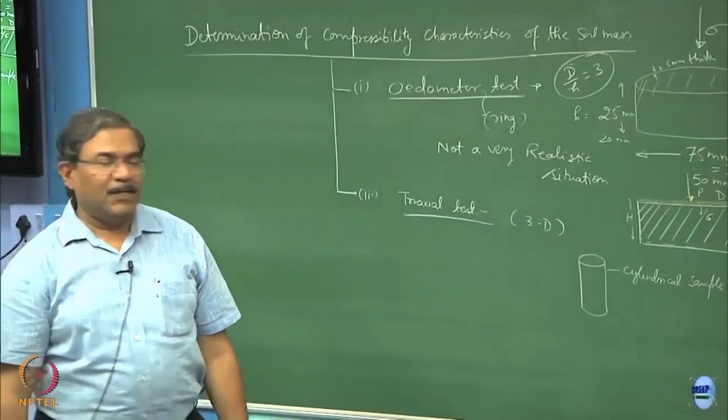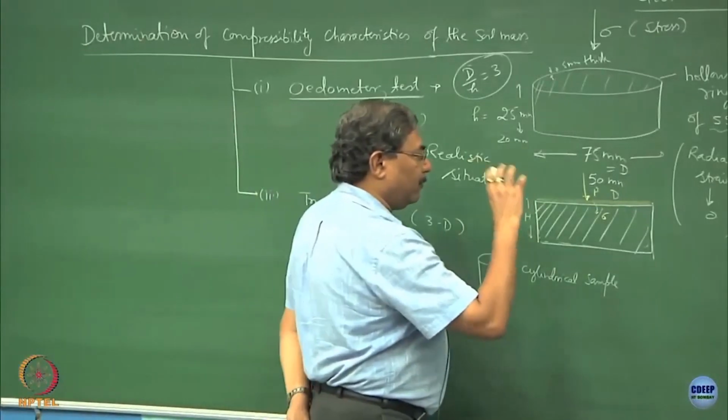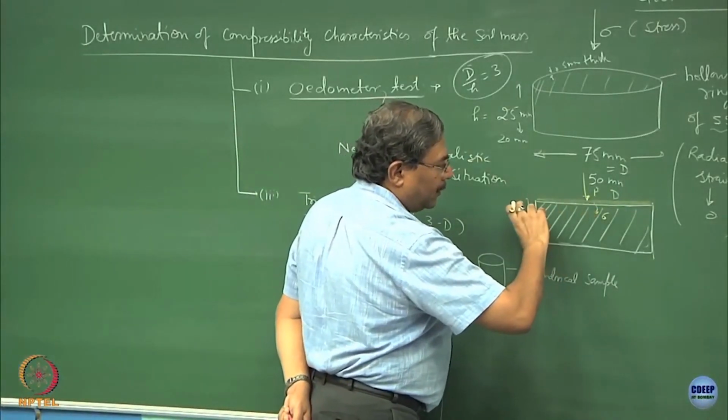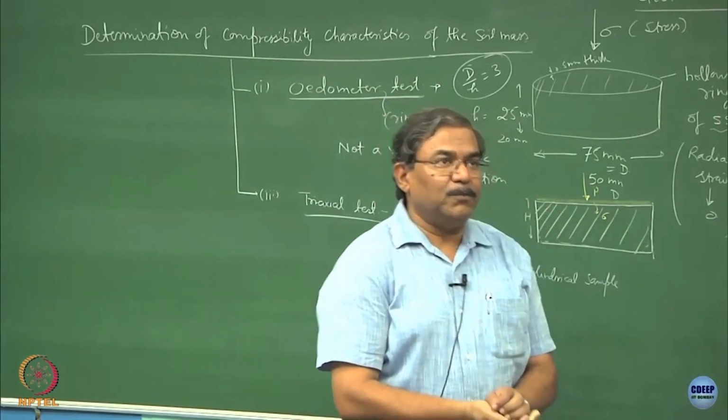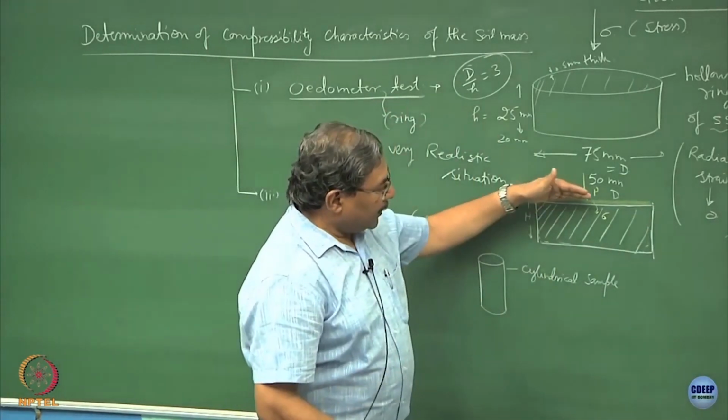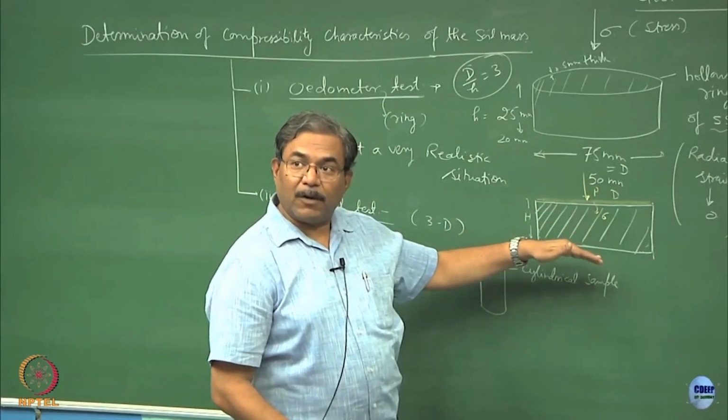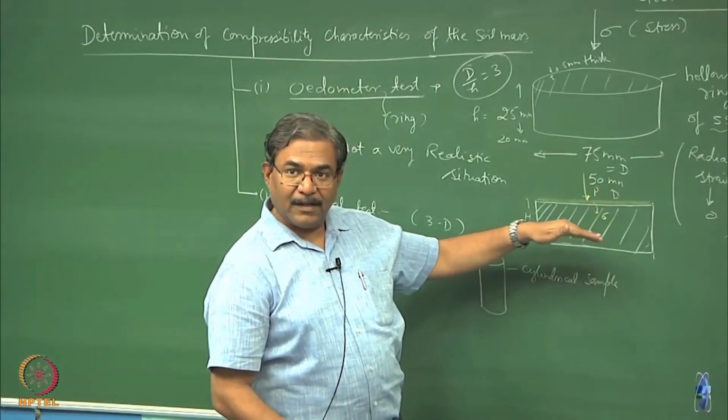You got this? So, geometrically we force all the pressure bulbs to remain confined in this system, and hence I can assume that the loading is uniform on the sample from top to bottom. Clear? That is the reason.